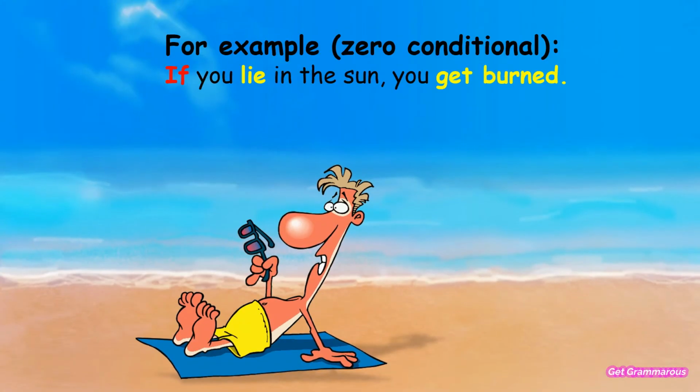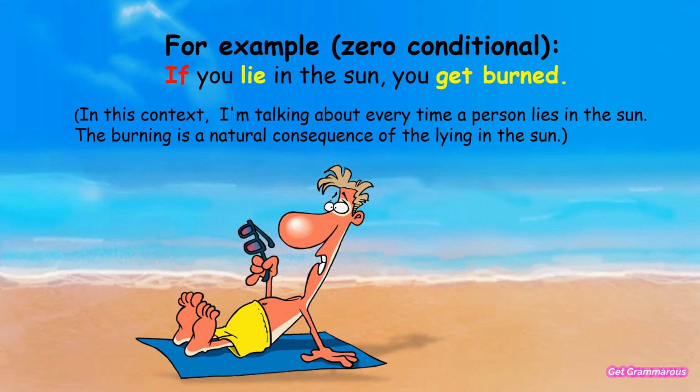If you lie in the sun, you get burned. This is an example of a zero conditional. In this context, I'm talking about every time a person lies in the sun. The burning is a natural consequence of lying in the sun.